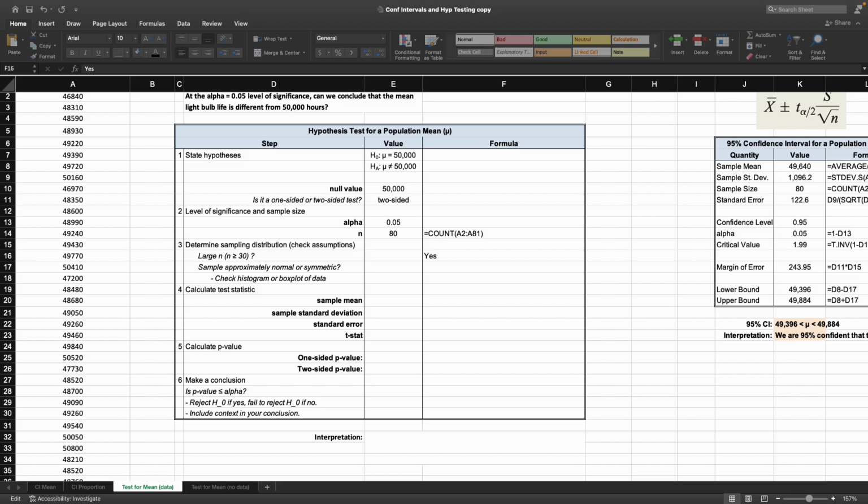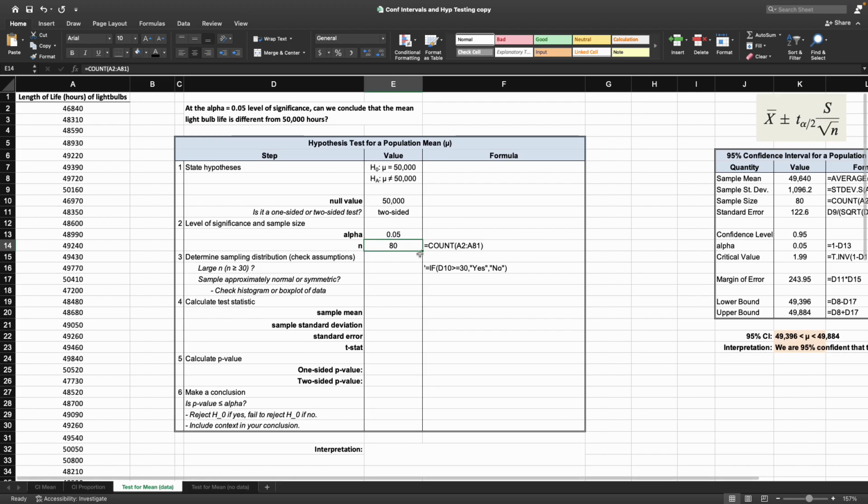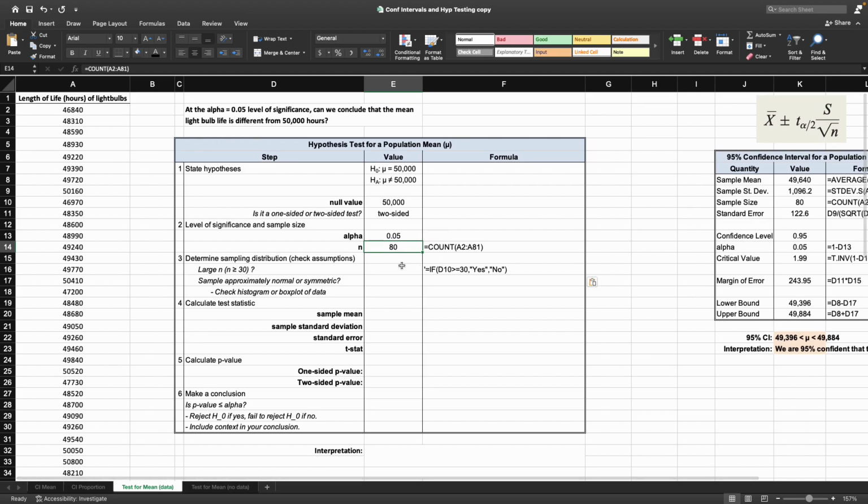Give me one moment. So we're just going to use an if-then statement. So we're saying if D10, so that needs to change to D14. Okay, this isn't really working out. So here, let's do this from scratch.